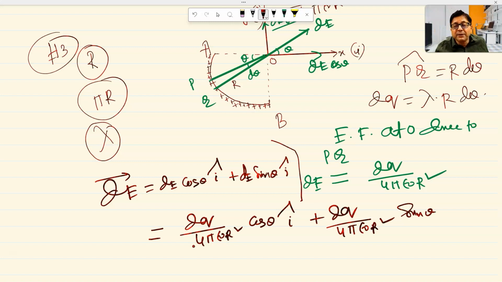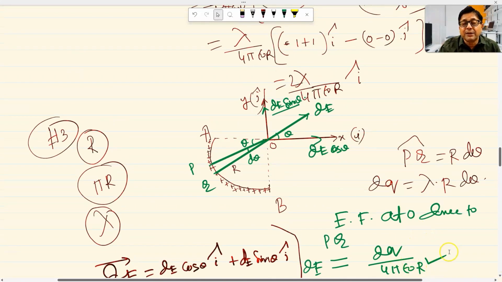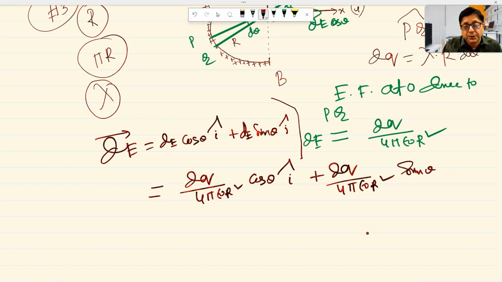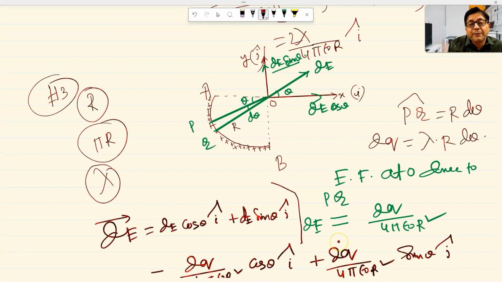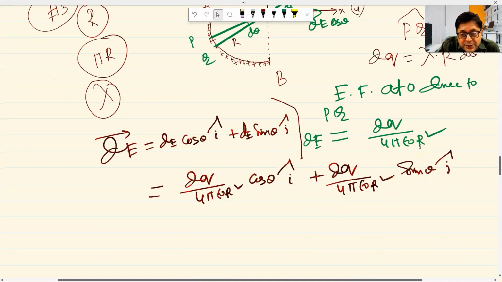But there is a problem here. No, it's okay. Because you have taken positive x-axis, unit vector that direction i cap, positive y-axis is j cap. So it is into j cap. Correct? Because unit vectors this way, dE also has two components along x-axis and perpendicular to it.